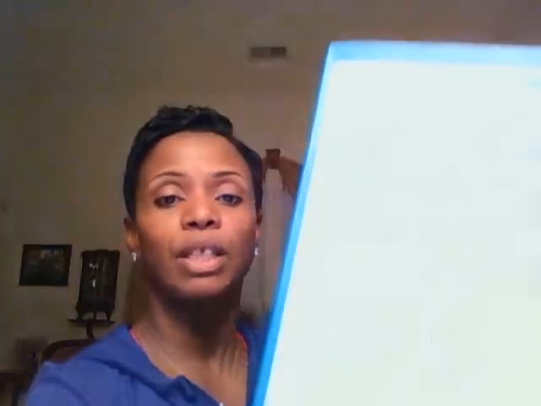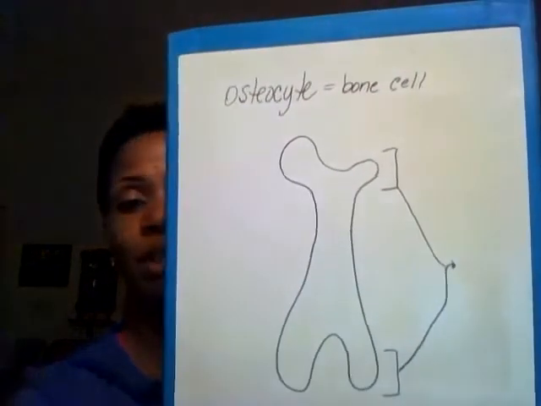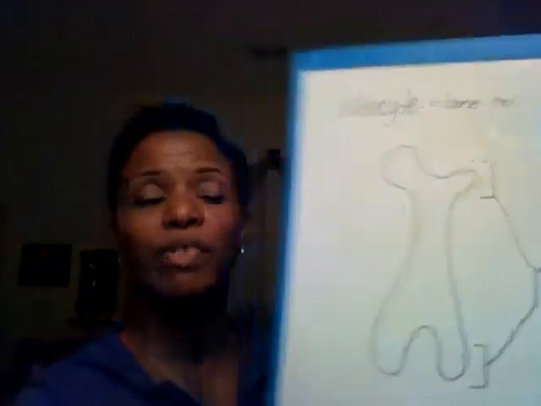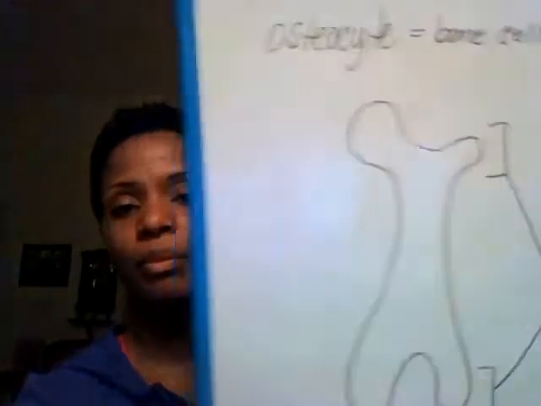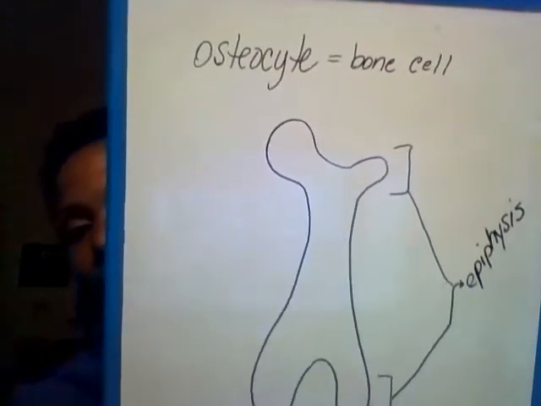So the ends of long bones, because we have other long bones as well, like the humerus, the radius, the ulna, are called the epiphysis, spelled E-P-I-P-H-Y-S-I-S. The epiphysis are the ends of long bones.